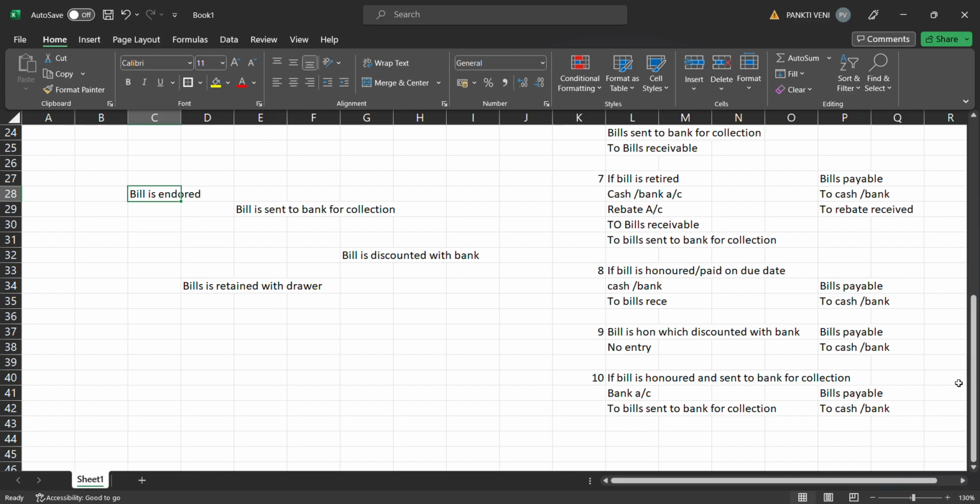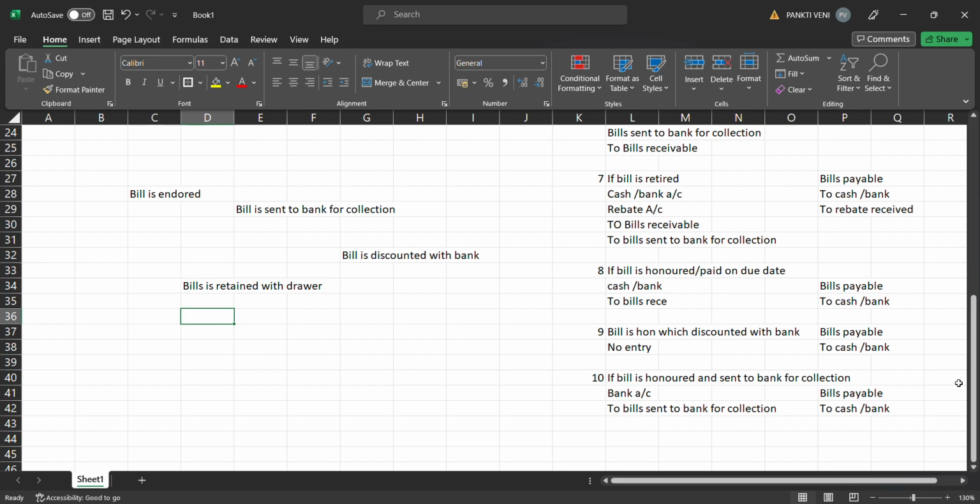So roughly, for these 4 cases, you will first pass the entry for the activity you are doing. You are endorsing, so pass the endorsement entry. You are sending the bill to the bank for collection, pass that entry. You are discounting the bill with the bank, pass that entry. You are retaining with the drawer, pass that entry. Then you have the honoring entry, and then you have the dishonored case.